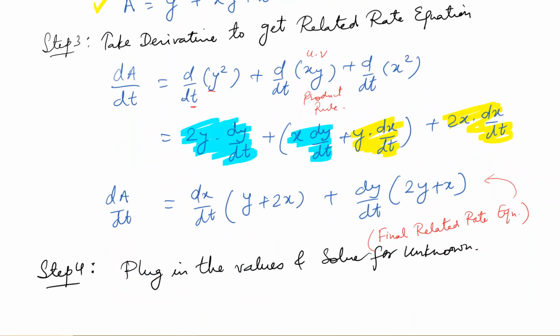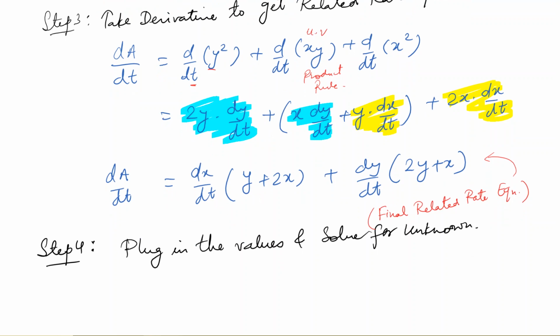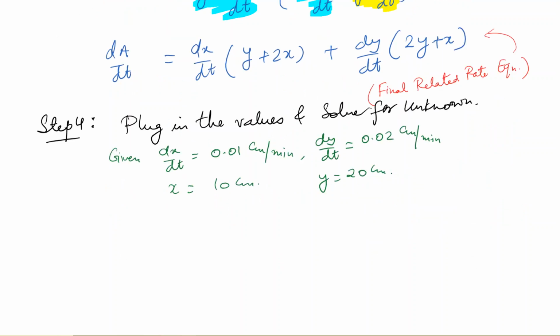Once you have your final related rate equation, now is a good time to plug in all the known values and solve for the unknown. In the beginning of the problem, we saw that we are given the rate of change of x, the rate of change of y, and also the x and y values. So I'm going to plug in these values in our final related rate equation so we can find the change in area with respect to time.